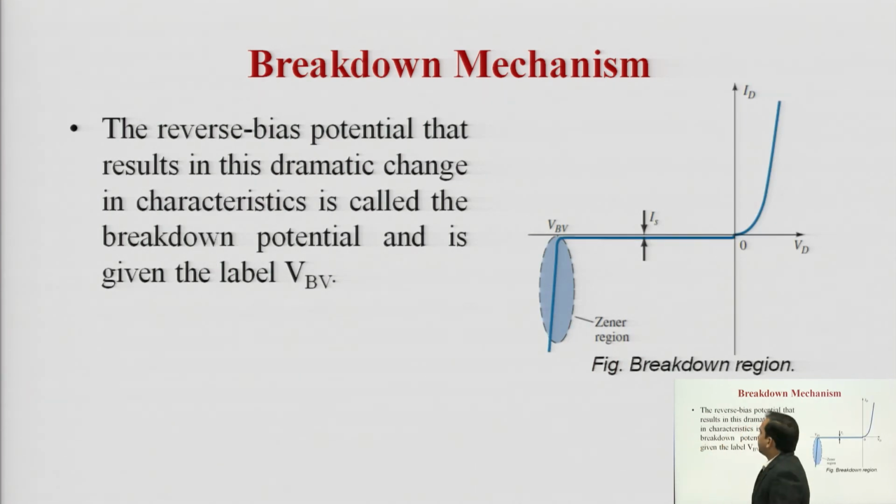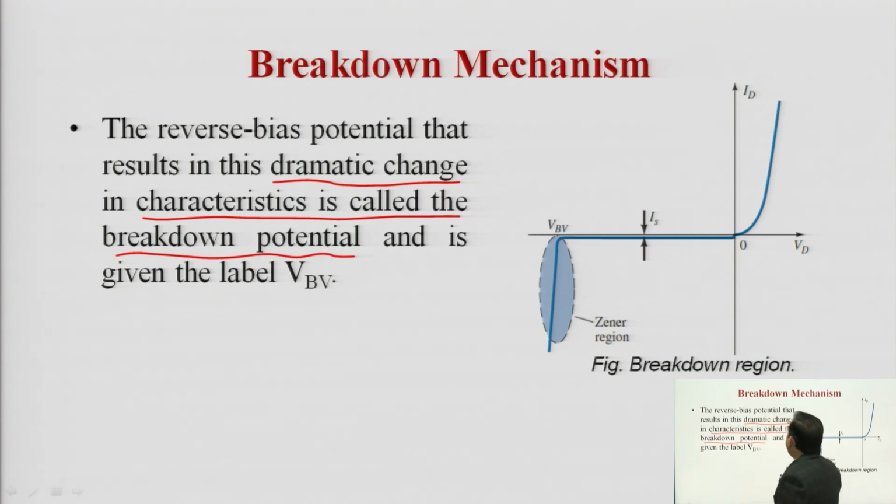We can see that the reverse bias potential that results in this dramatic change in the characteristics is called the breakdown potential, and it is given by VBV, something like this. This is a reverse bias voltage.